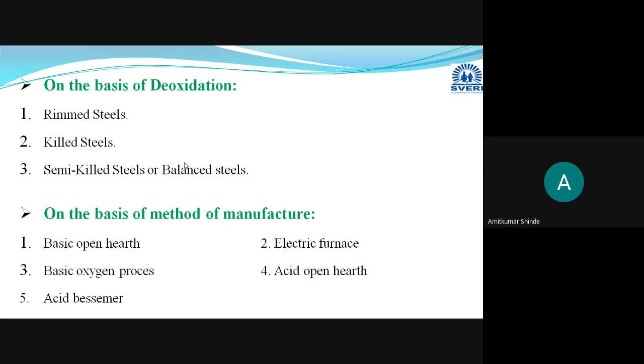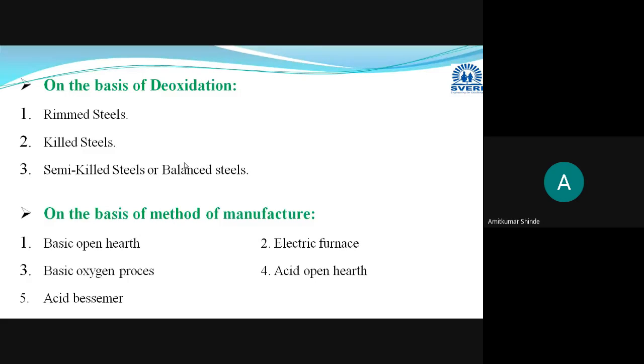When we add that kind of deoxidizing agent, they will react with whichever oxygen or gas is present, and at the end the gas will not get trapped, so the formation of blowholes will be avoided.